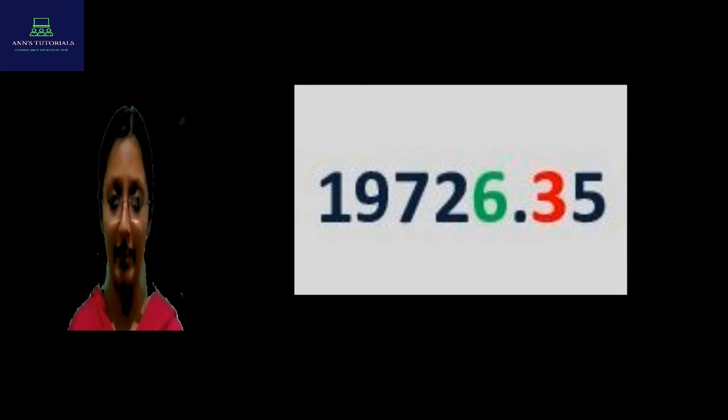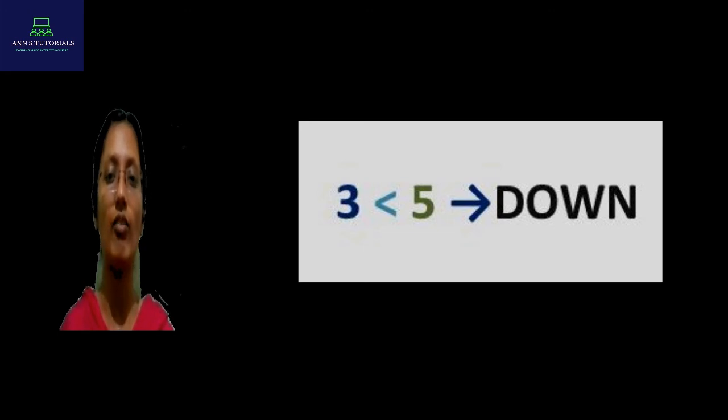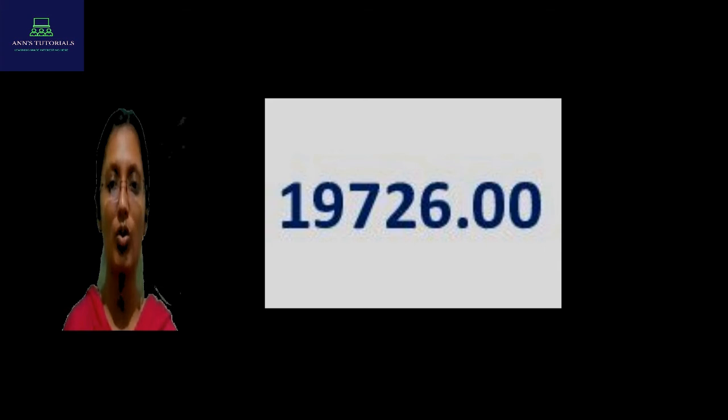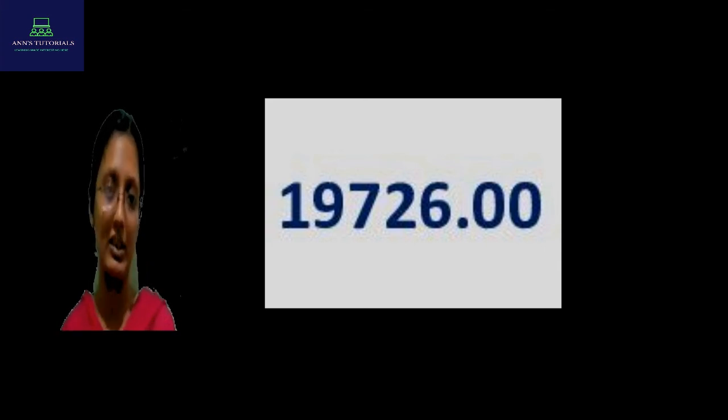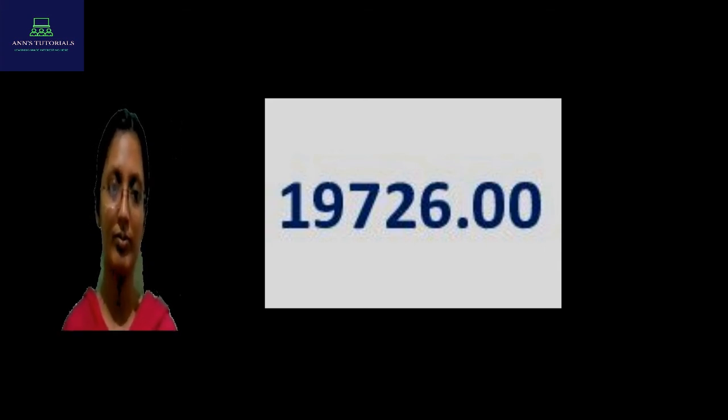How should we round in this case? As 3 is less than 5, we will round down, which means we will keep 6 the same, and we will put 0 in place of all the smaller number places. This way, 19,726 is the rounded nearest whole number in this case.